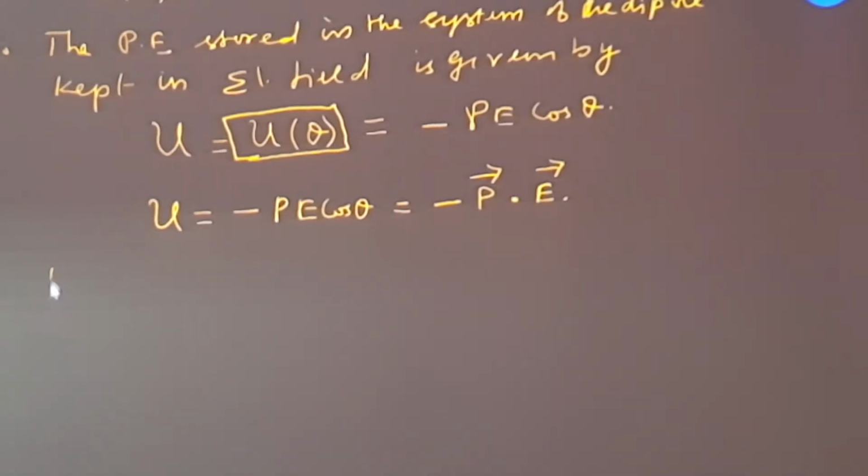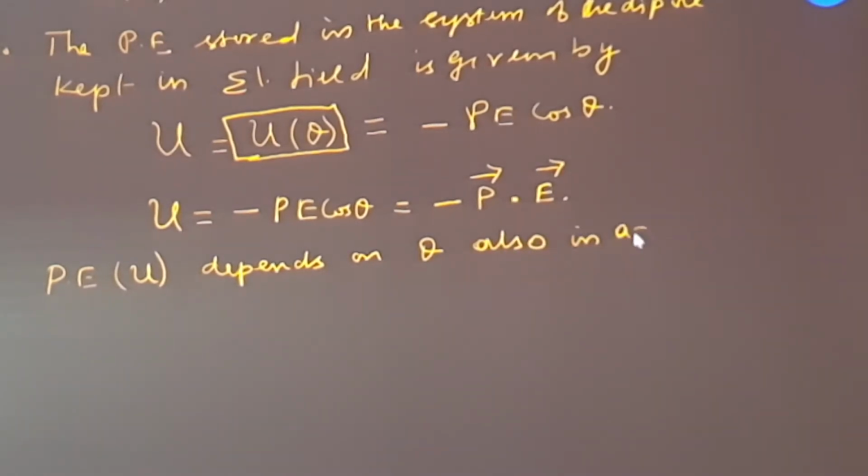From this you can say the potential energy of the system epsilon depends on theta also, on the final position theta, in addition to the dipole moment P vector and the applied electric field E vector.